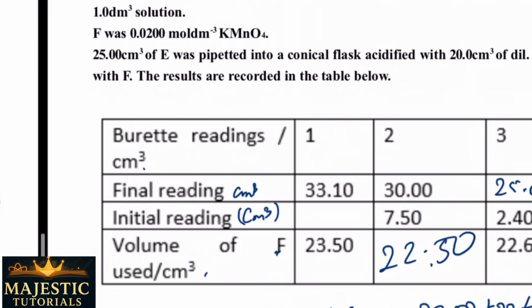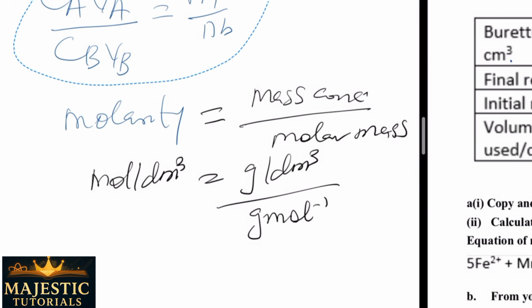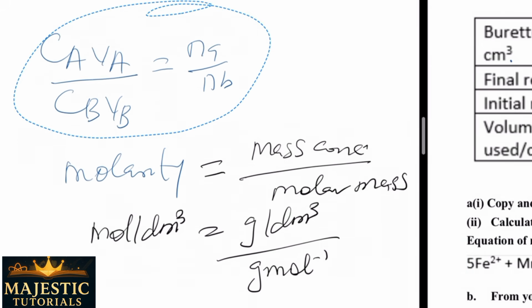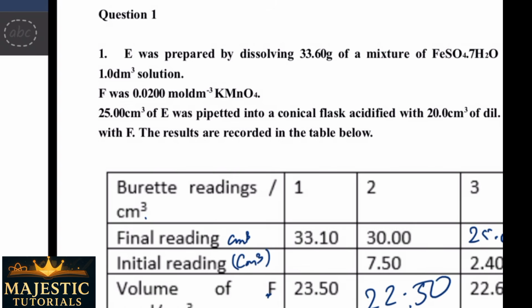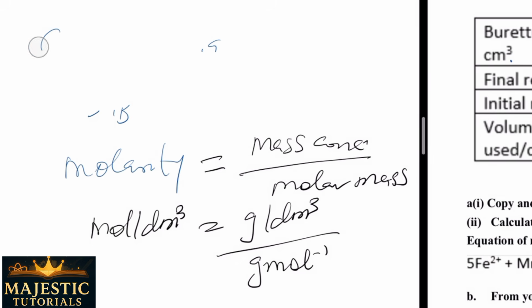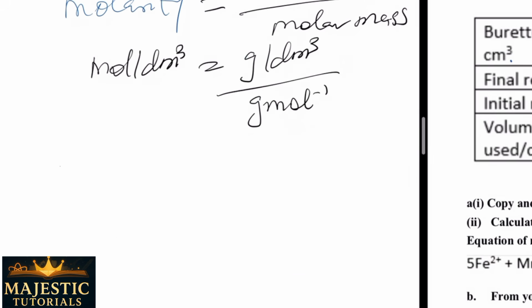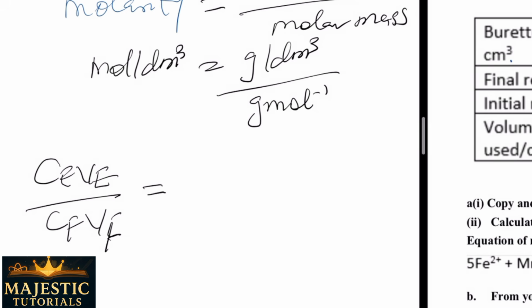Okay, so you are going to go back to the formula now. I'm going to be changing this now to adapt to how they used it in the question. So instead of CAVA, I'll be using CEVE because the letters here are E and F, not A and B. So from the formula, CEVE equals CFVF equal to the mole ratio of E is 5.